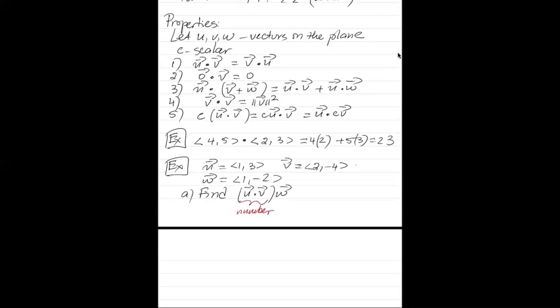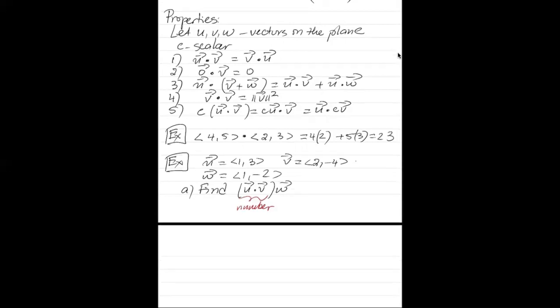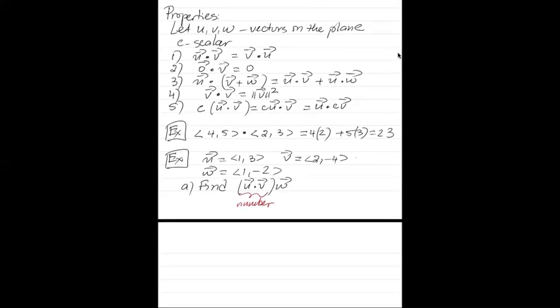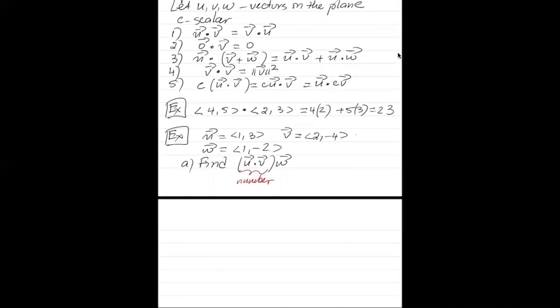Okay, so let's start with finding what u dot v is. That's the dot product. So u is 1, 3, dot product with 2, negative 4, and that is equal to 2 minus 12, so negative 10.